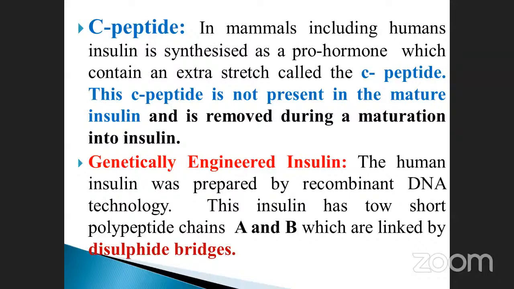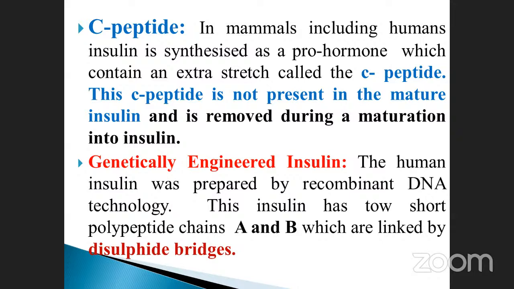Already I told you, A and B polypeptide chains, and it also has a number of amino acids. Sometimes they may ask the question; I will tell you next day. A and B are linked by the disulfide bridge. That is also the combination. Suppose the A and B chains are united together with the help of which bridge? Disulfide bridge.